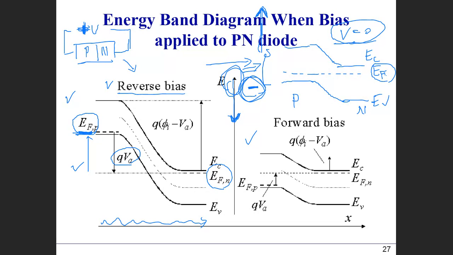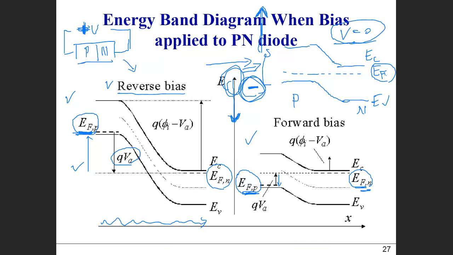When this happens, if you compare the location of EF in the P side and the N side, the P side EF is moved down compared to the EF in the N side.